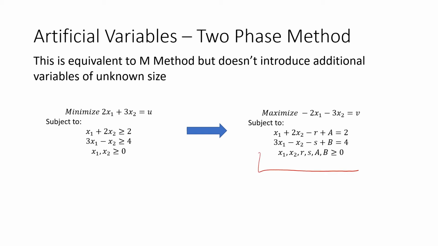We are going to use the problem with the artificial variables, but first, for phase 1, change our objective function. Because remember, what we're trying to do is get A and B equal to 0.